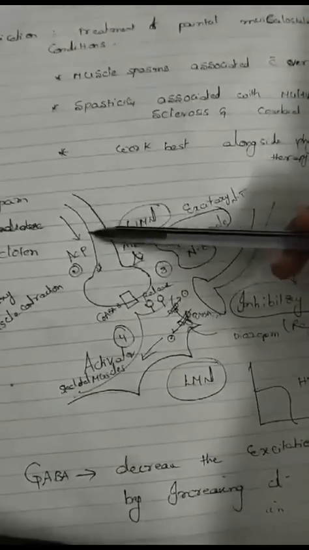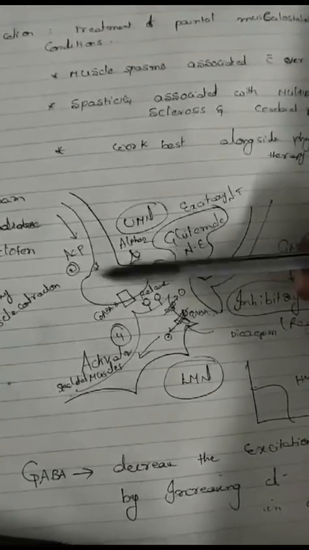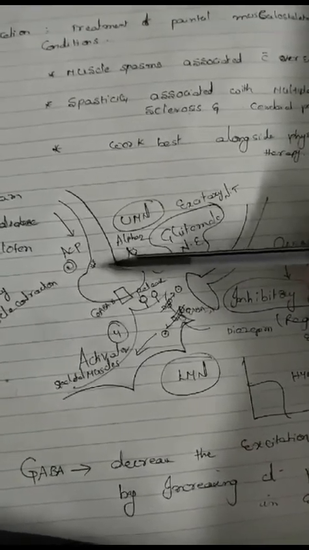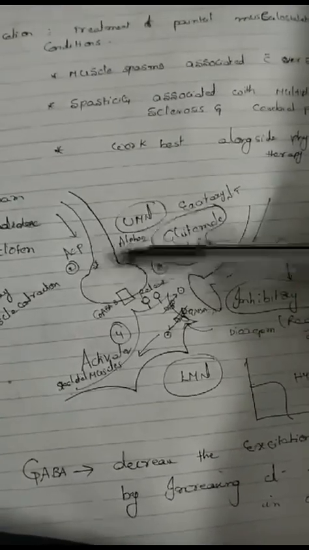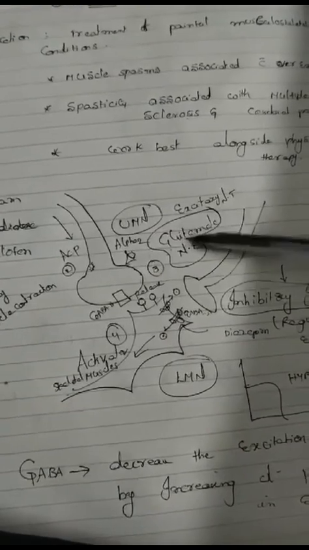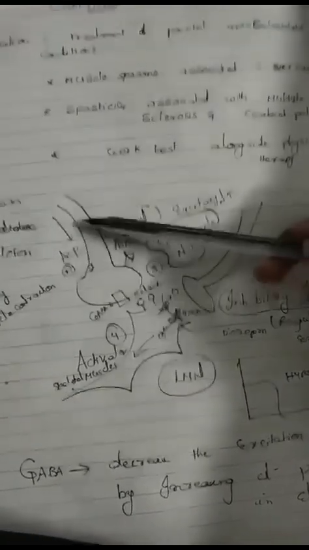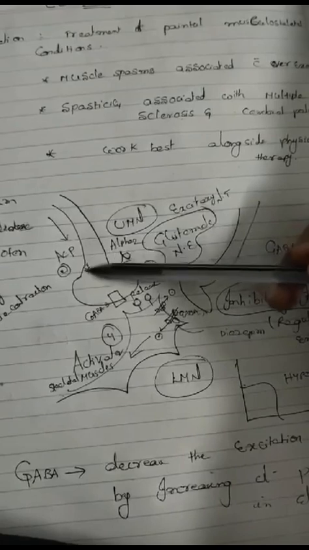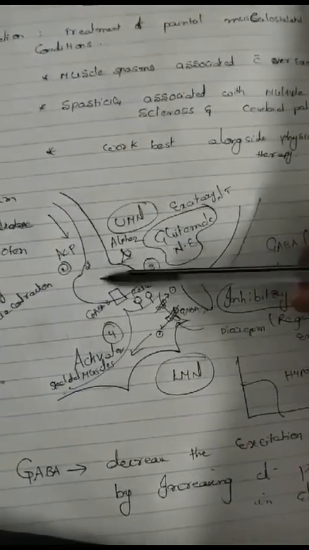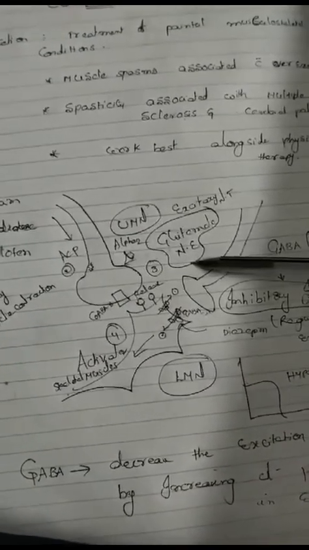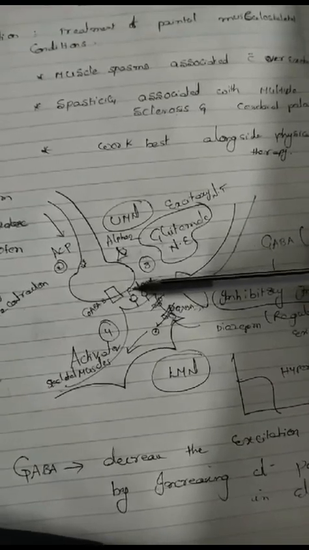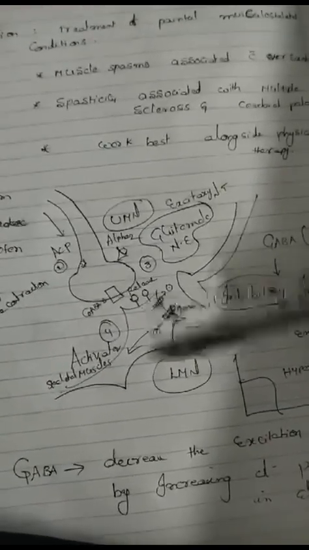This action potential propagates towards the upper motor neuron, where in the vesicles we have excitatory neurotransmitters, that is glutamate and norepinephrine. When the action potential arrives, glutamate and norepinephrine are released from the upper motor neuron.